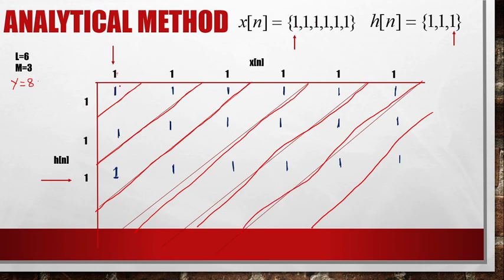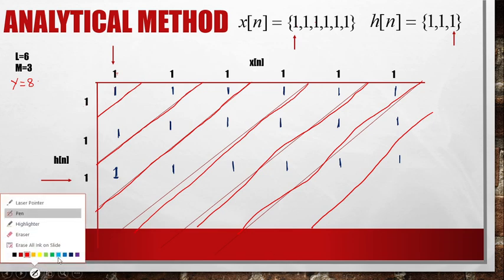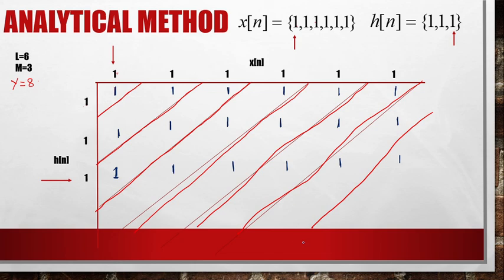Now what you are going to do is sum them. The first value you are getting here is 1. Next you get 1 plus 1. You add up all the elements within each diagonal, that's why you have cut the sections.